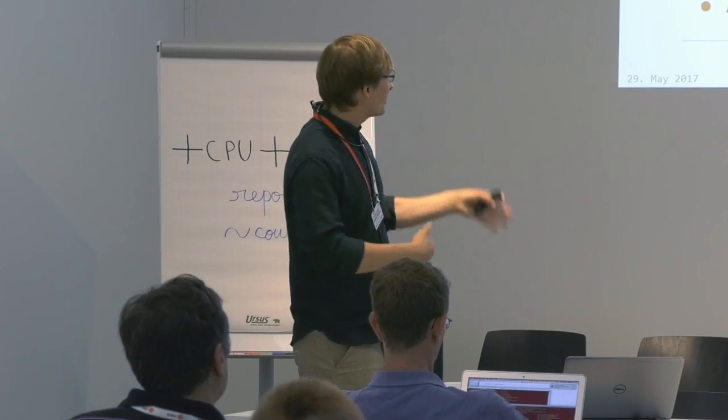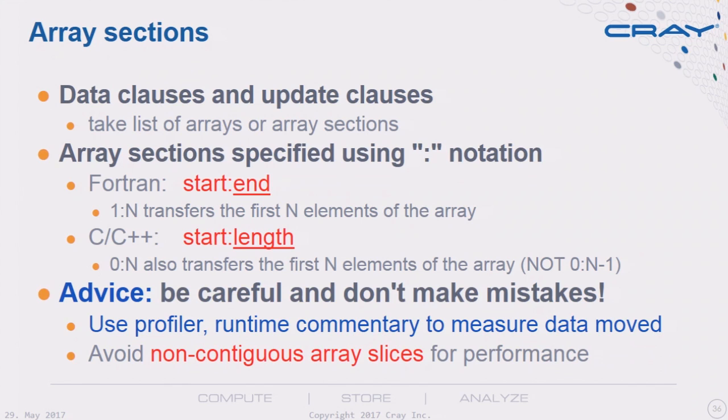As I shortly mentioned, we do not need to copy the whole array. We can also copy subparts of the array. There we have to pay a bit of attention because that is different between Fortran and C, C++.